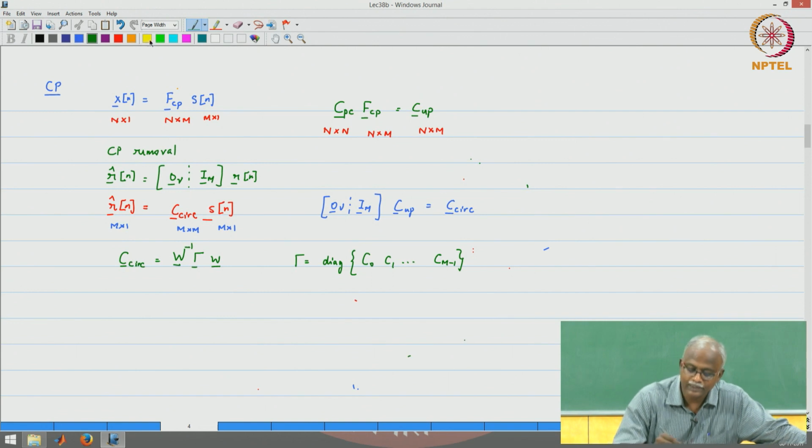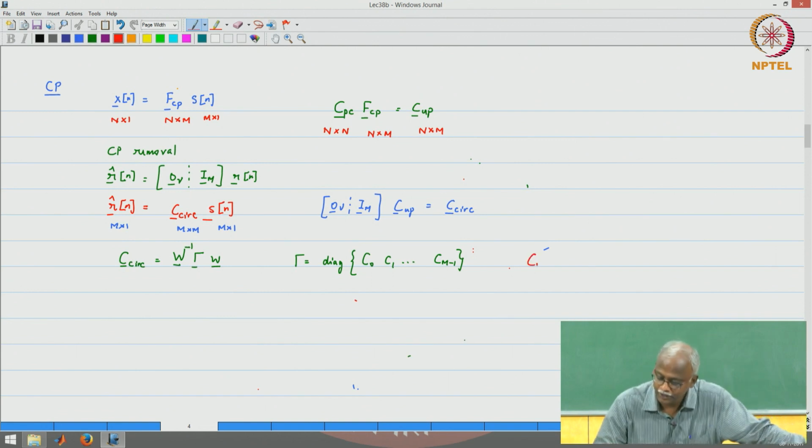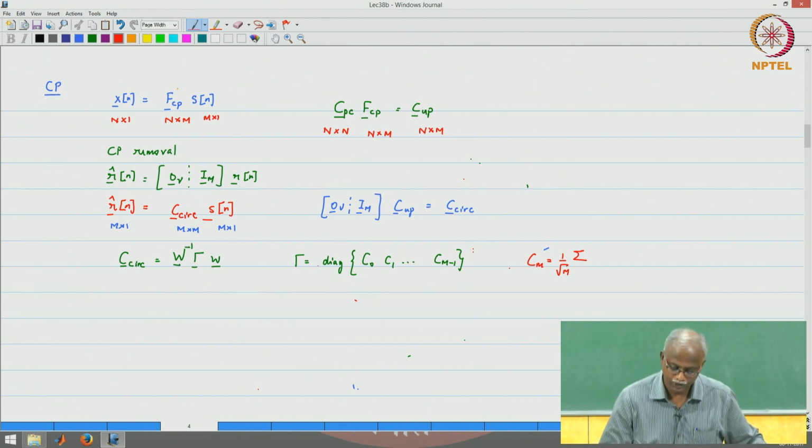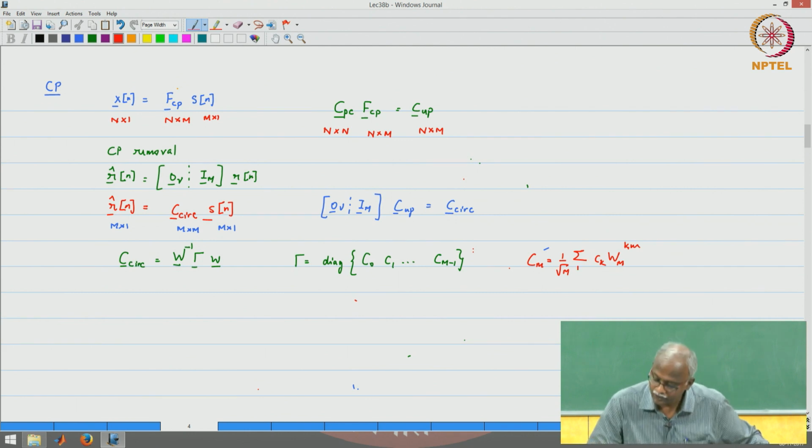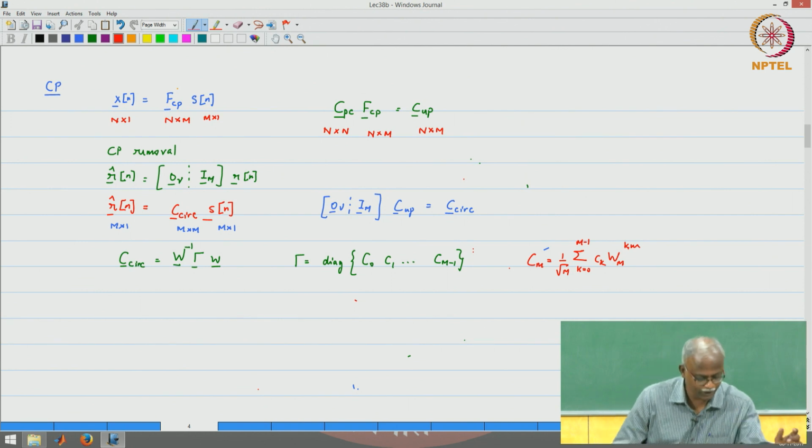So the uppercase Cm is equal to a summation, with a 1 over root m, of C subscript k W m to the power k m, for k equal to 0 to m minus 1, basically the computation of the DFT.